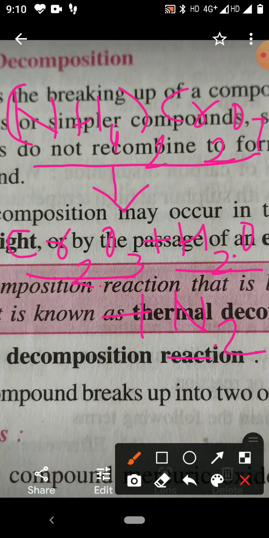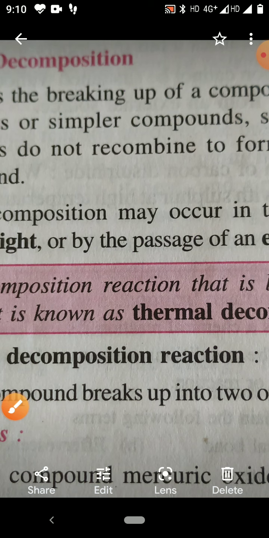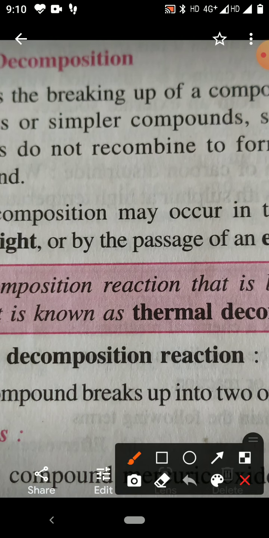But how does decomposition reaction occur? For completing the decomposition reaction, what conditions are required? So conditions are: decomposition occurs in the presence of heat. If it is in the presence of heat, that is thermal decomposition.